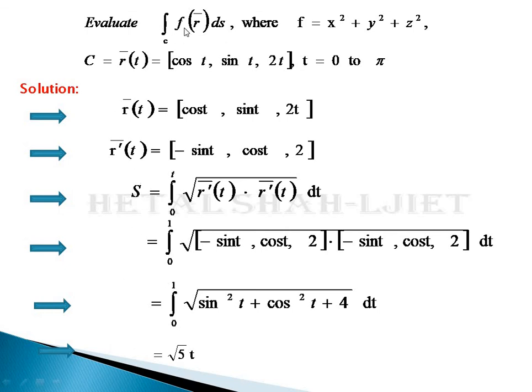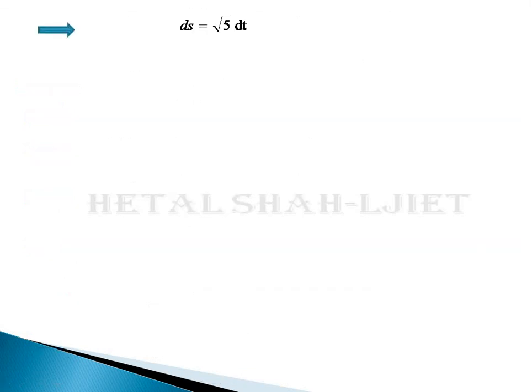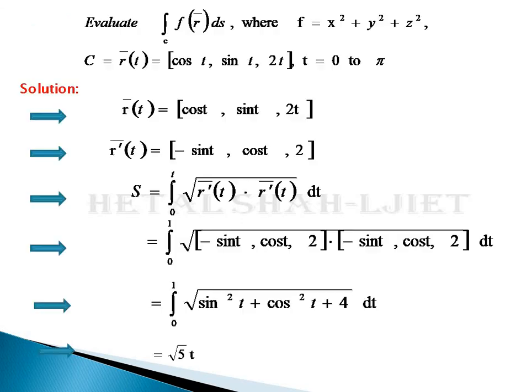But we want to find the integration of this f dash r. Sorry, s is equal to square root of 5 t. If we take the derivative of s with respect to t, then ds is equal to square root of 5 dt.